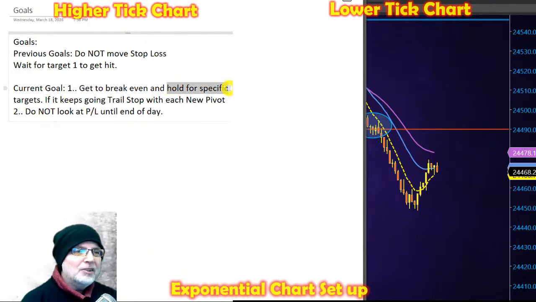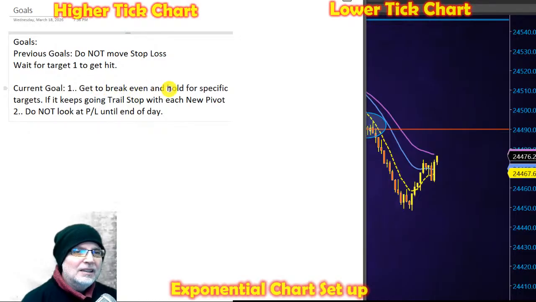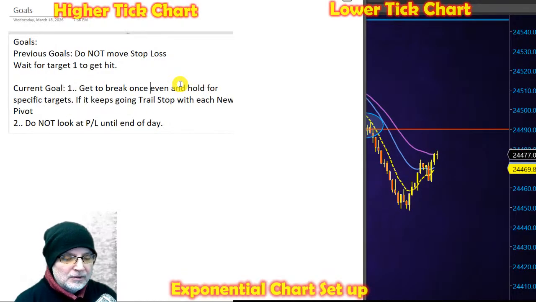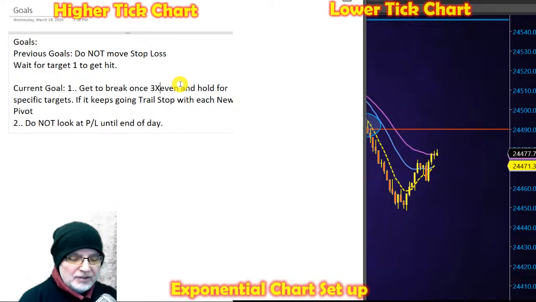Hold for specific target. I can go to break even and still hold. I don't have to let it come all the way back to the stop loss. But get to break even once 3 times reward is hit.